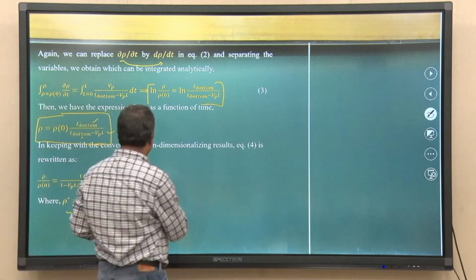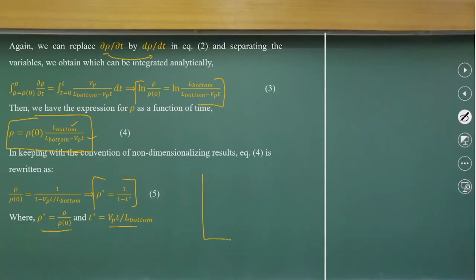See, if I plot this part in a non-dimensional form, T star starts from 0, goes up to 1, and this value goes up to 3. If it is there, I will get a relationship function up to 0.8, you will have something like this. You can just plot it.